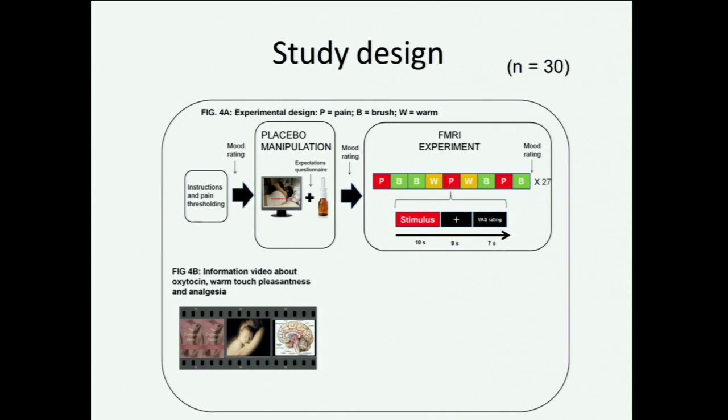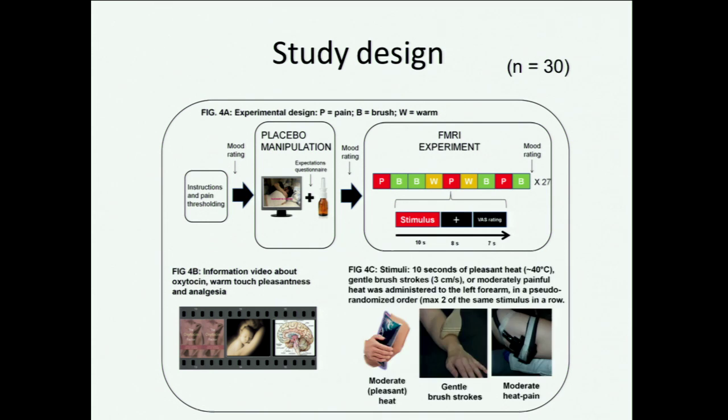Then we did the testing during fMRI. We applied painful stimulation, brushing, or innocuous warmth stimulation, and the subjects were instructed to rate the sensation. We applied a stimulus, there was some delay, and then a VAS rating.